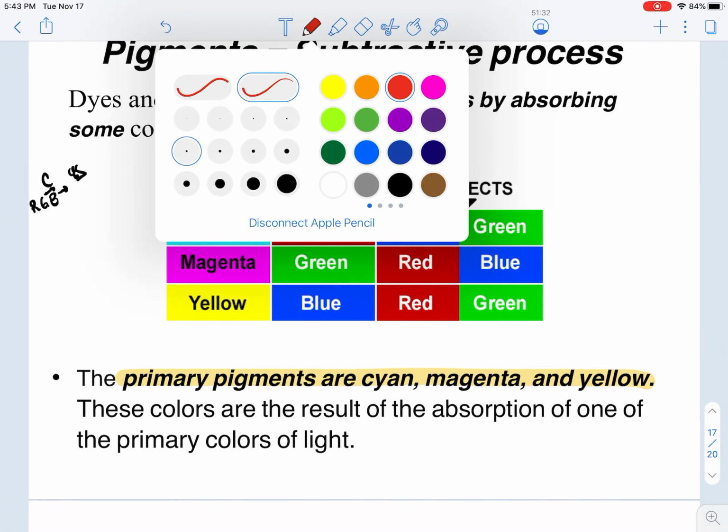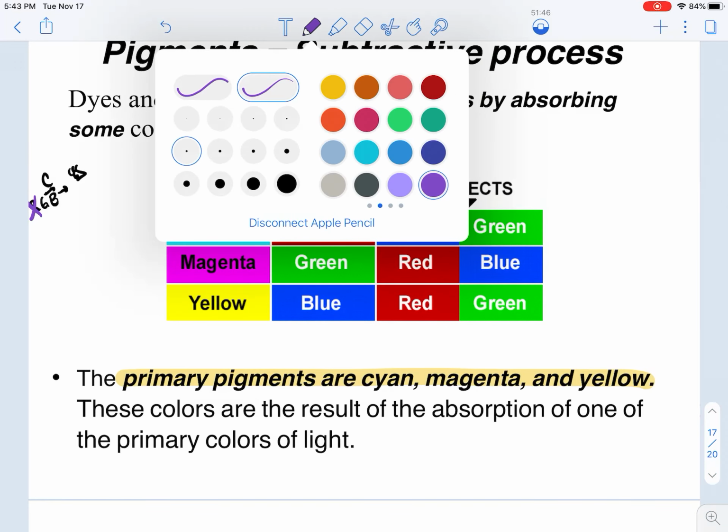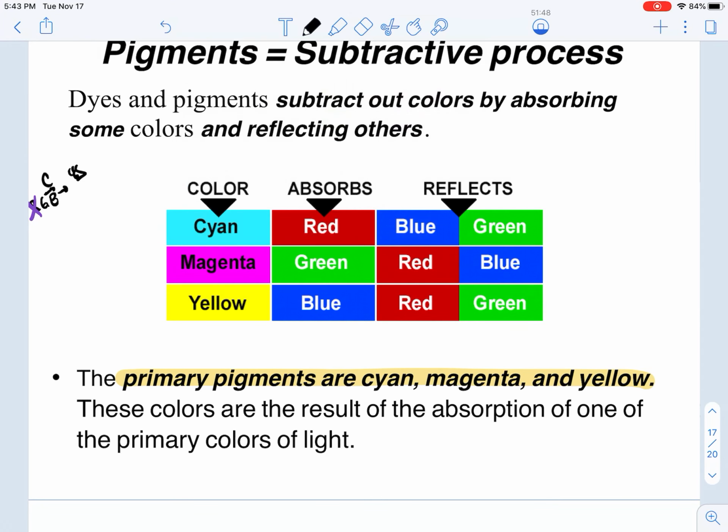So when the printer puts down cyan ink, that means that the color red has been eliminated and will not be reflected to my eyes, because it's only going to reflect green and blue.